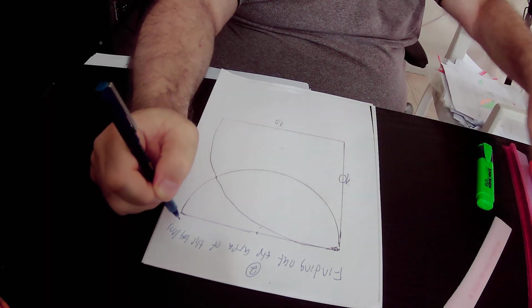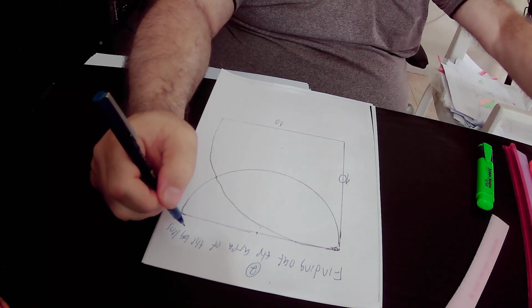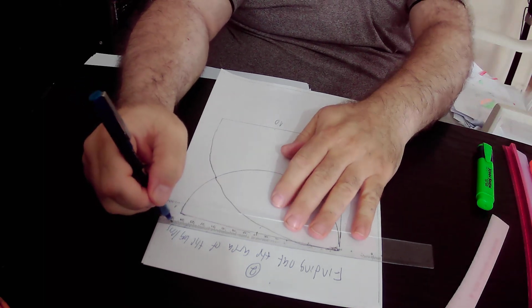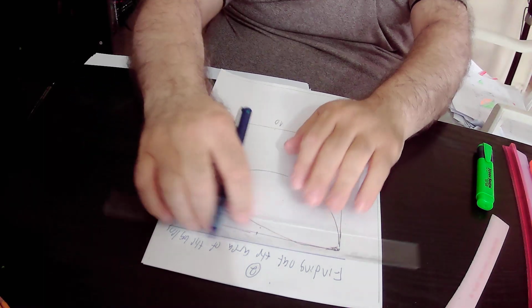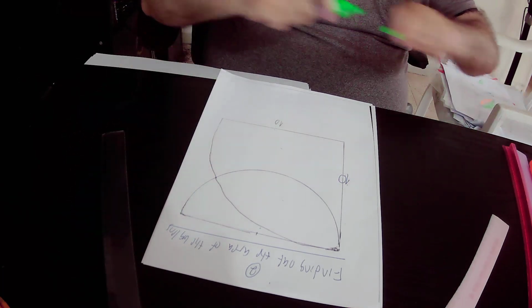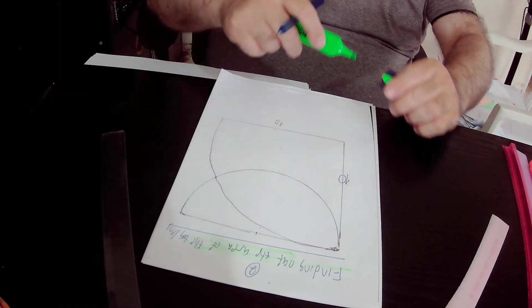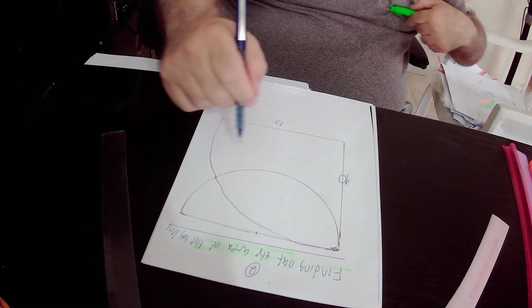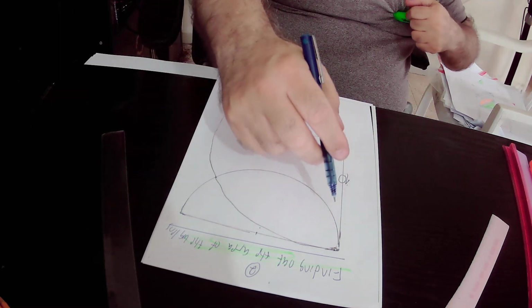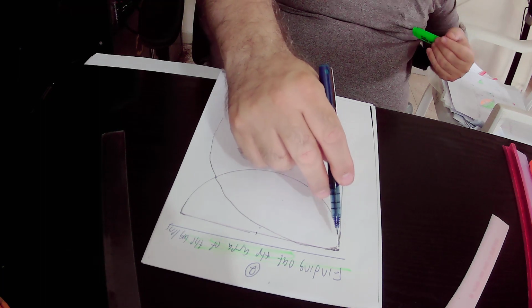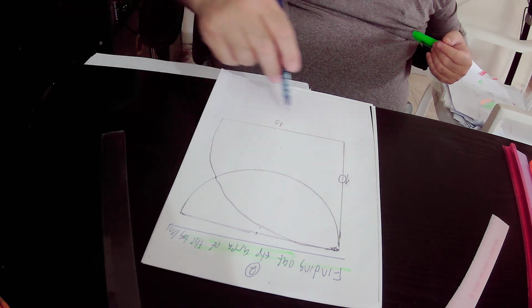Okay, we find out the area of the big lens. As I've already mentioned, this semicircle is perpendicular to the quarter circle. Why?